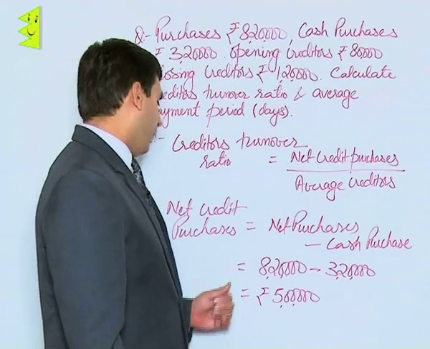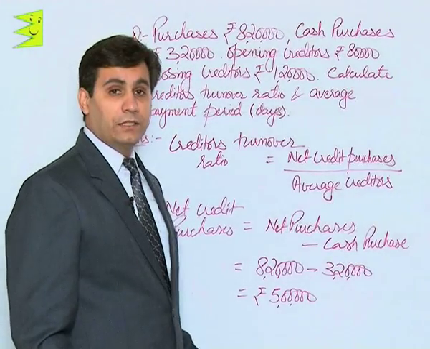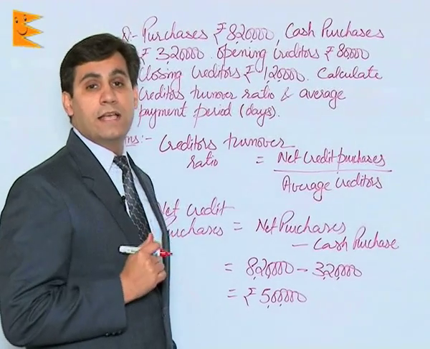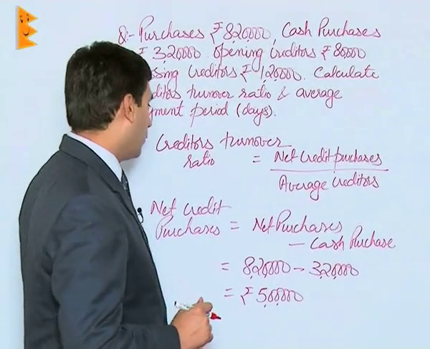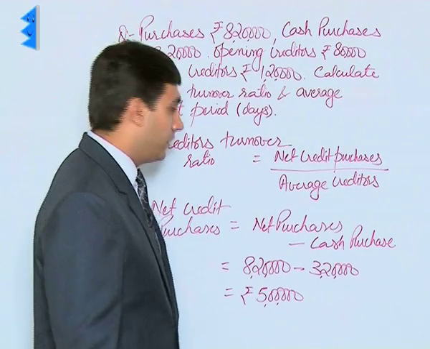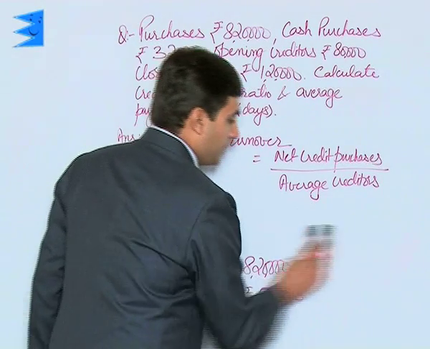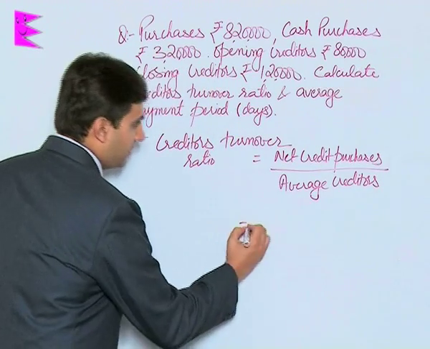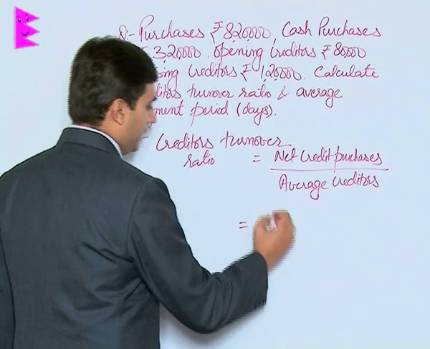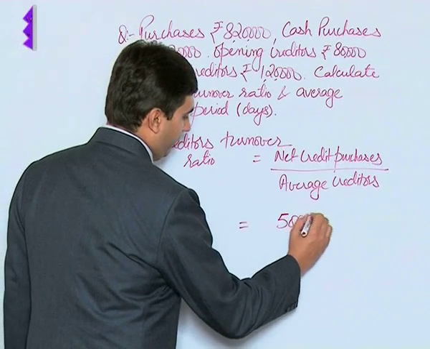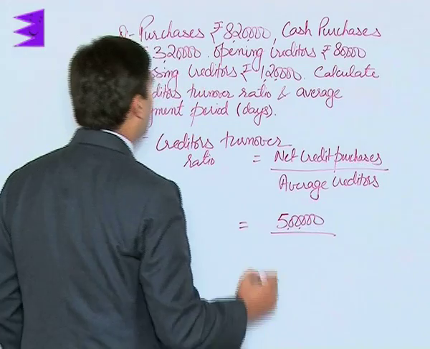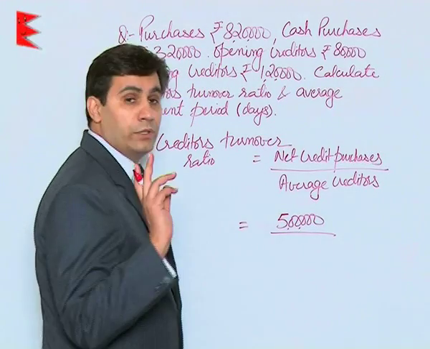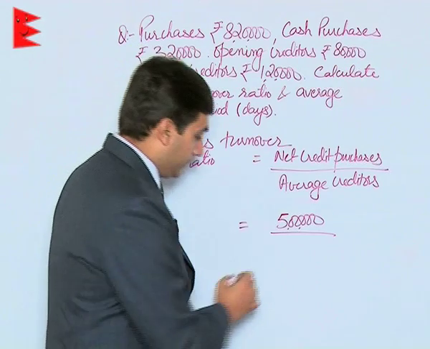So students, now we have credit purchases as 5 lakh and average creditors as we had calculated earlier as 1 lakh. So now coming to creditors turnover ratio. Substituting these values in the formula, we will get creditors turnover ratio is equal to credit purchase, which are 5 lakh, divided by average creditors, which we had calculated as rupees 1 lakh.